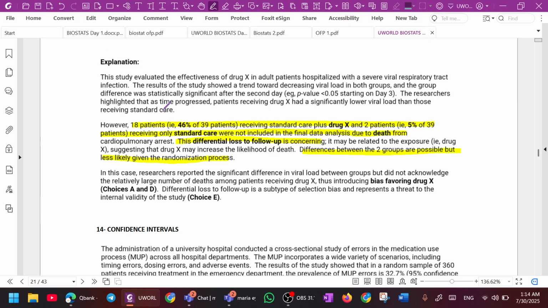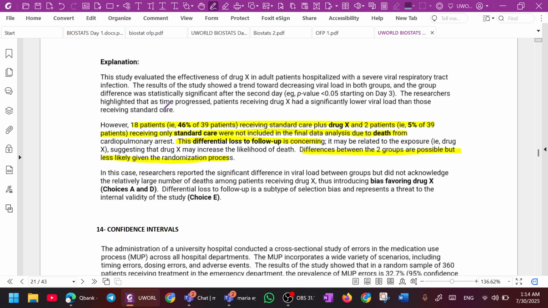Okay. The study evaluated the effectiveness of drug X in adult patients hospitalized with a severe viral respiratory tract infection.